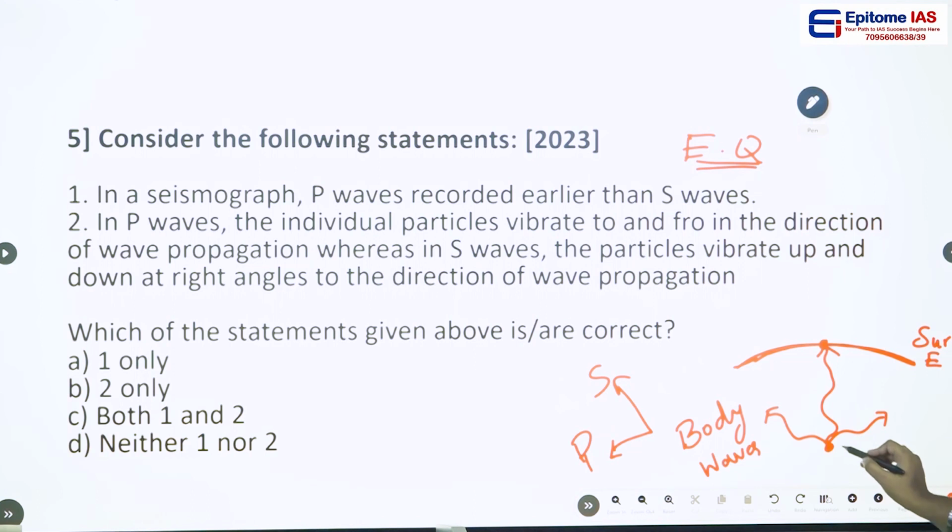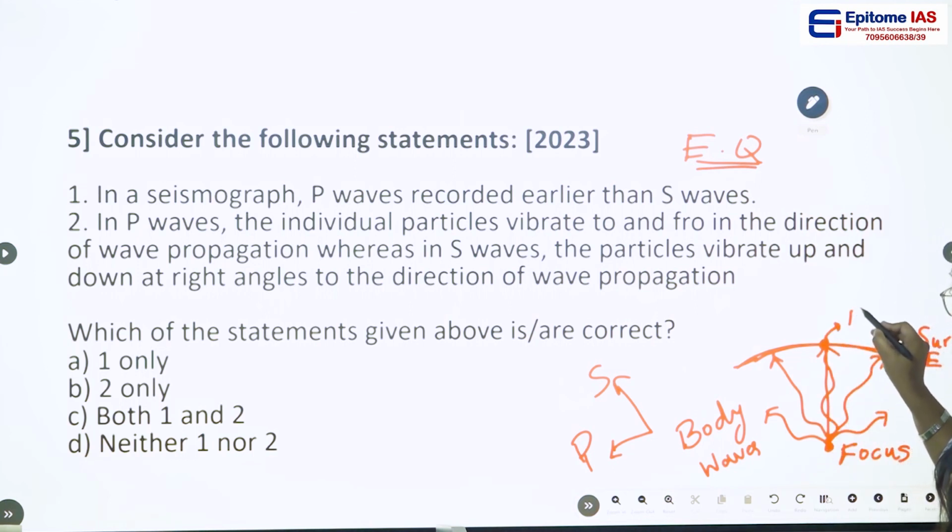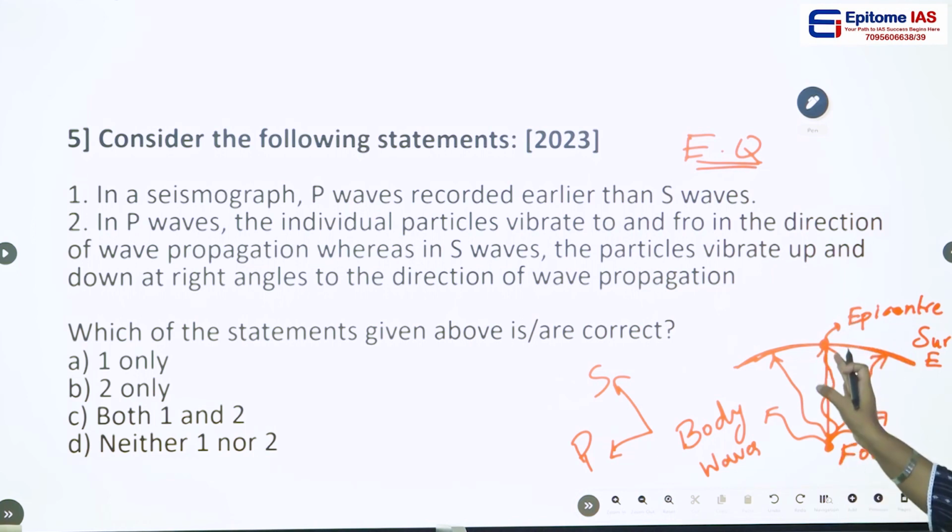And this particular point where the earthquake started, where the rupture of rock happened, is called the focus. And this body wave reaches the surface of the earth in all directions. But the shortest distance between the surface of the earth and the focus is what is calculated. So this particular point is called the epicenter, the shortest distance from the focus to the surface of the earth.